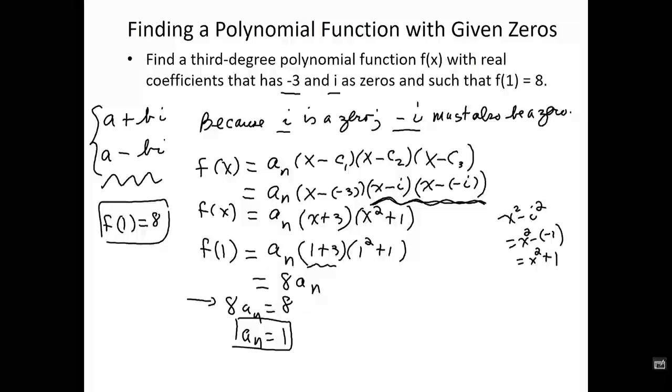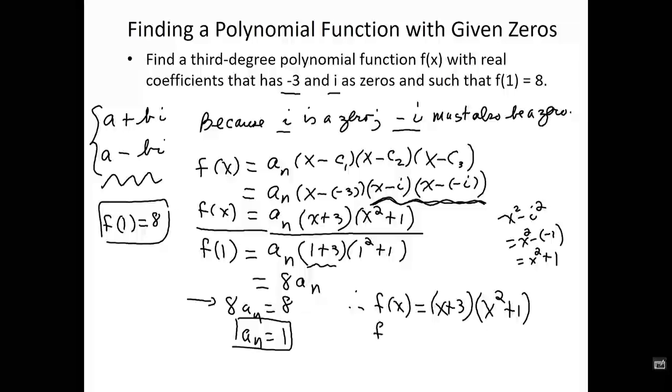So, therefore, f of x can be expressed as x plus 3 times x squared plus 1.